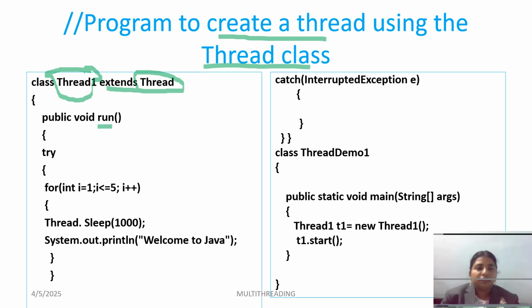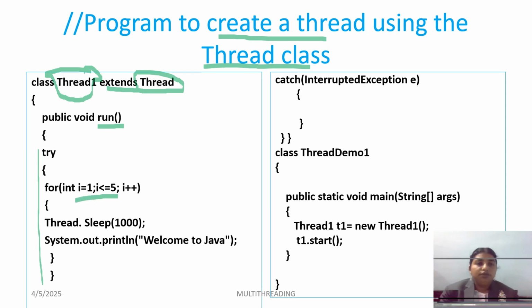We have the run method, and inside the run method we have the try block, inside which we create a counter from 1 to 5. We have a method called thread.sleep to send any thread to a waiting state, and we can find we have a value 1000 mentioned here.